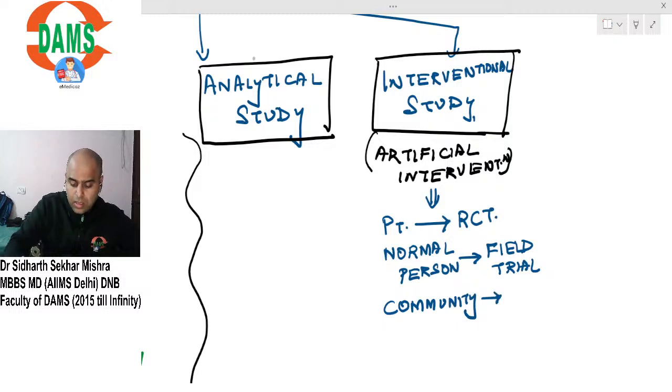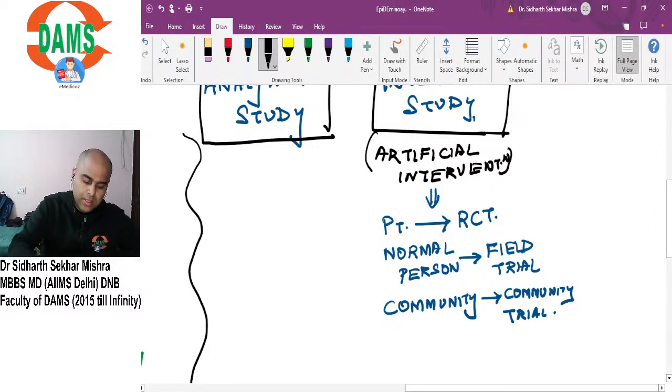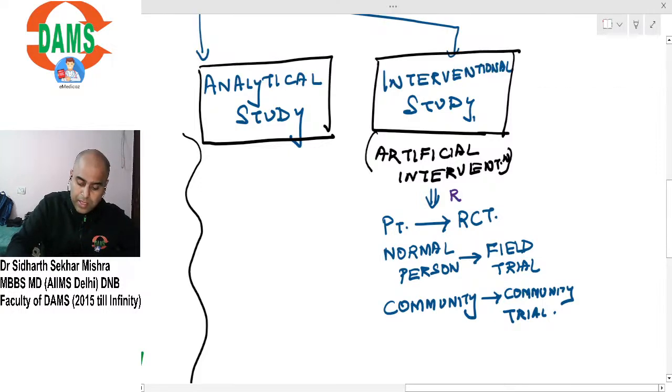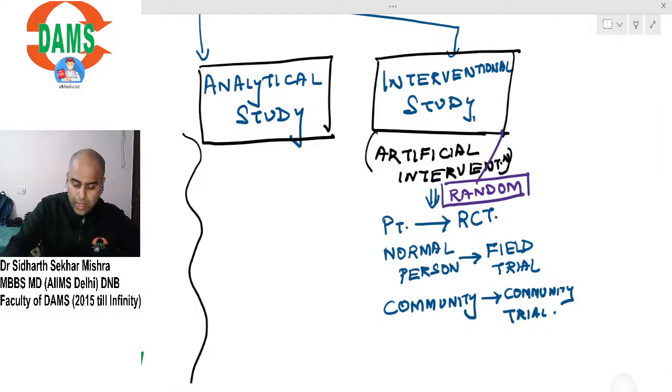It is called a community trial. Now guys, this group is the random group, because again interventional studies are of two types. It may be random or it may be non-random.